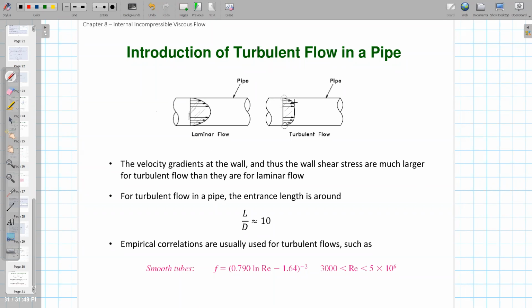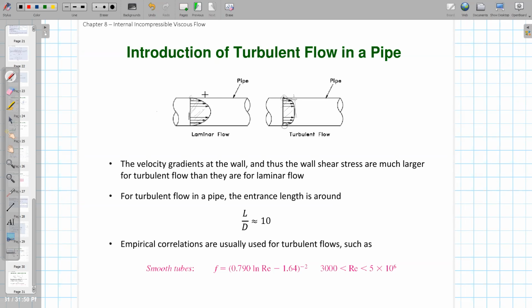Which means that for the turbulent flow, you have a large region where the flow velocity is very close to its maximum, but this maximum velocity is smaller than the laminar flow maximum velocity. Also, because there is still the no-slip condition at the wall, in a very small range the velocity needs to increase to a large value. So what does this mean? This means that the velocity gradient at the wall for the turbulent flow is usually larger than the velocity gradient for the laminar case.